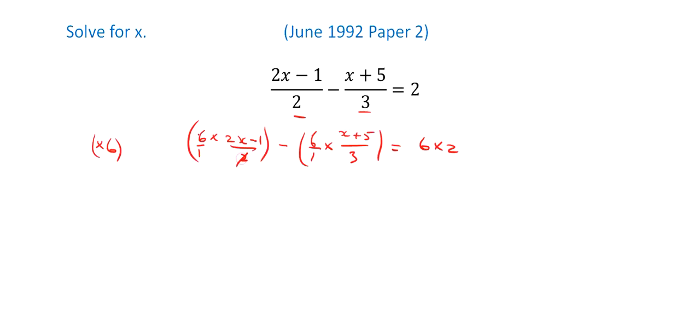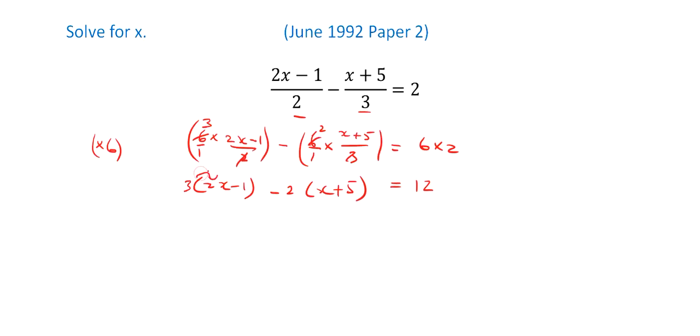So this 2 can go into the 6 3 times, so we end up with 3 open brackets 2x minus 1 minus this 3 can go into the 6 2 times, so it'll be 2 into x plus 5, which is equal to 12.